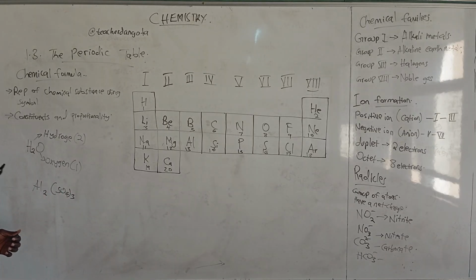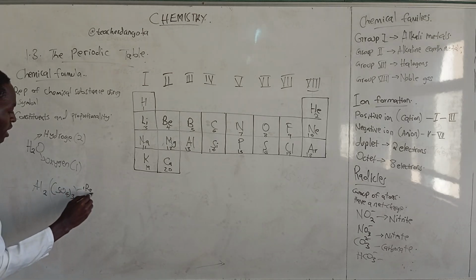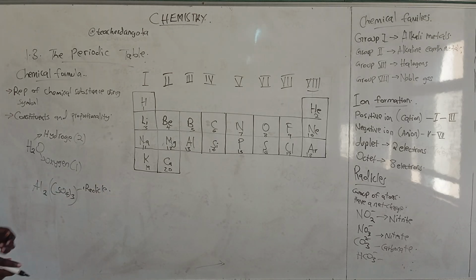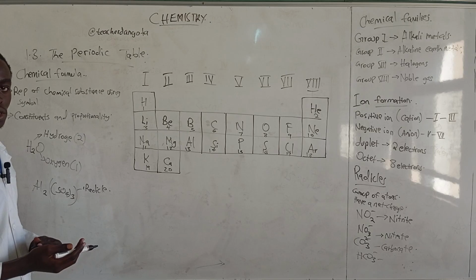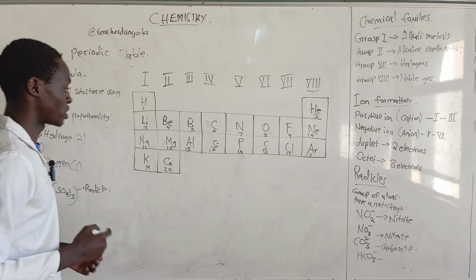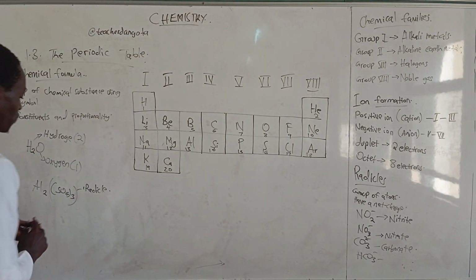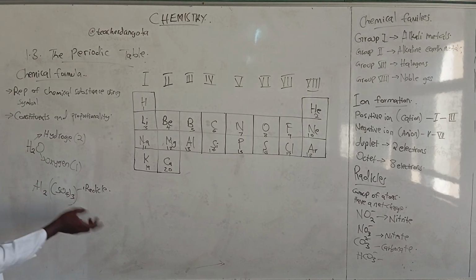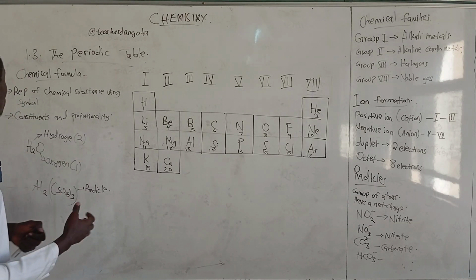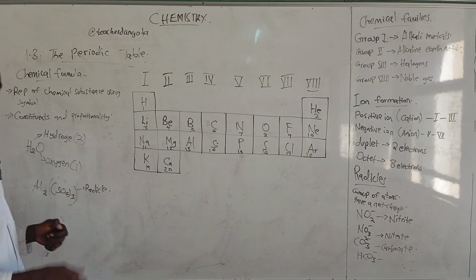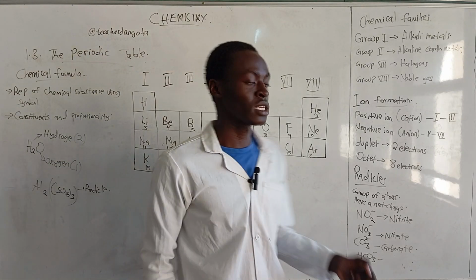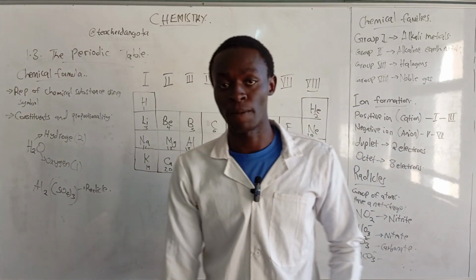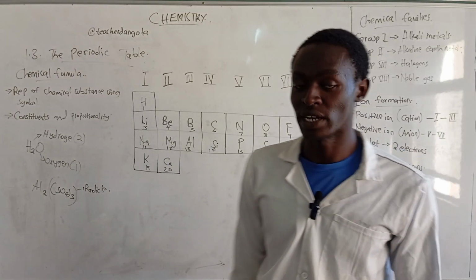To jog your memory, this is a radical, and remember that when radicals take part in a reaction, they take part as a single unit. So we have 2 aluminum and 3 sulfate, and we are able to get the constituents and the proportionality of the substances used in forming the compound. I believe that is coming through.